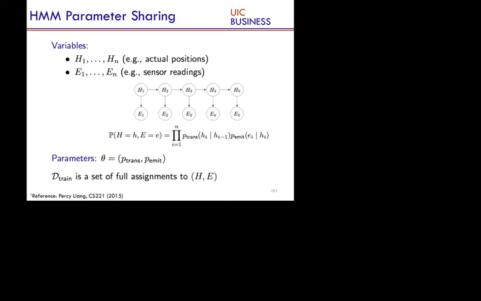You remember EM, right? We don't observe H, we only observe E. So we can figure out some values of H, update my parameters, and given the parameters, figure out new values of H, and so on. That is it. This is the model you can use for time series, or object tracking in this case.